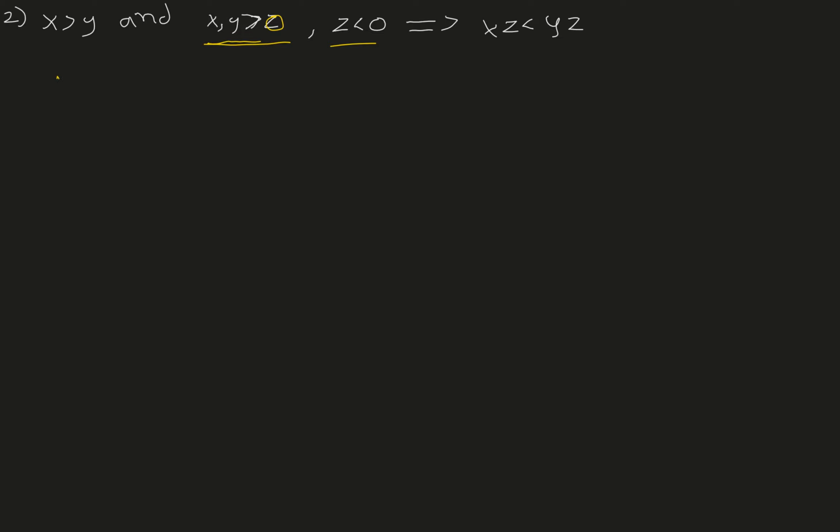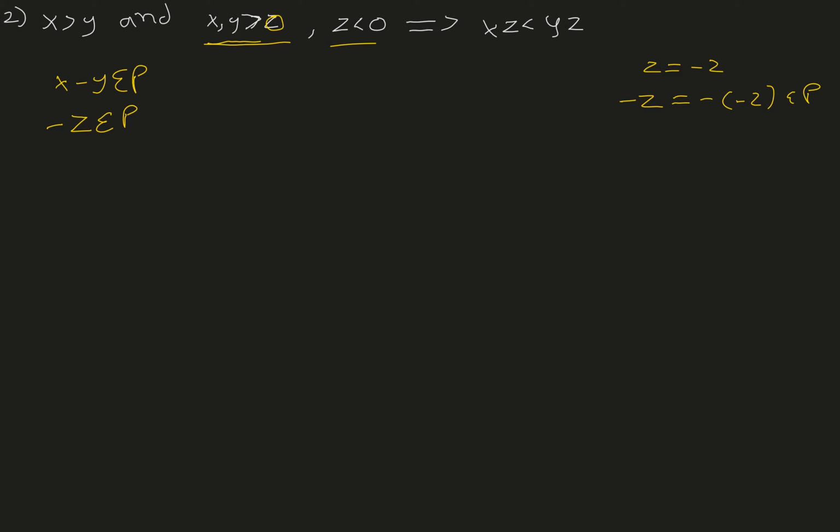So x greater than y can also be written as x minus y being in P. And since z is less than 0, z is a negative number. So the negative of a negative number, that is negative z, will be in P. For example, if z is negative 2, then negative z will be 2, which is positive, which will be in P.